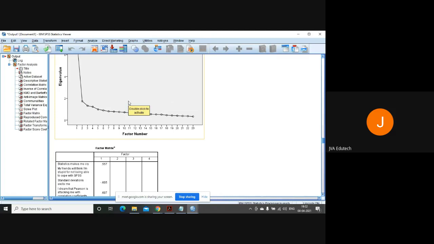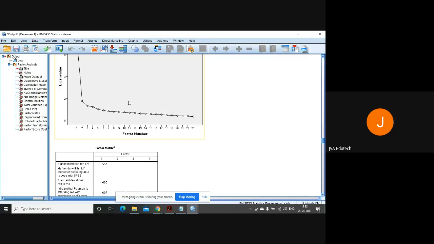Just look, observe more closely. Are you getting any more inference?